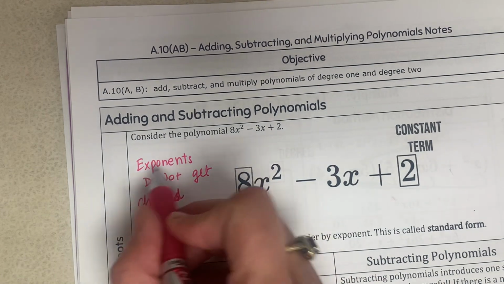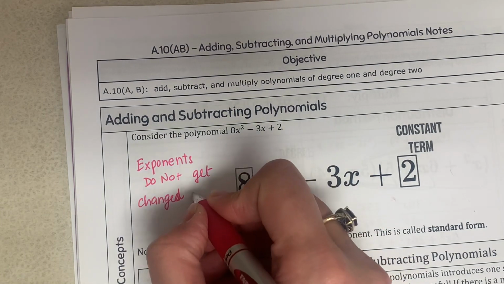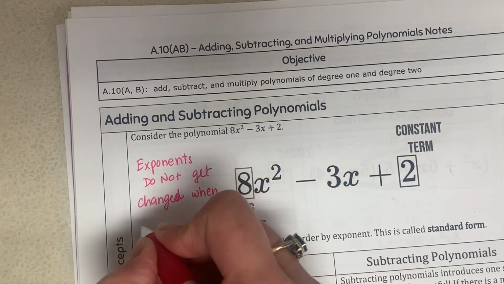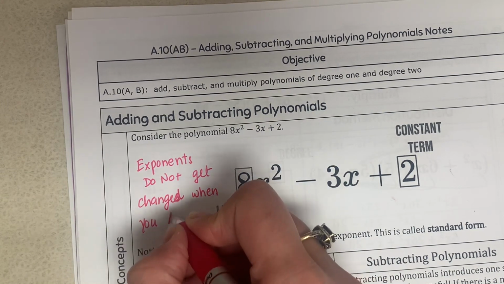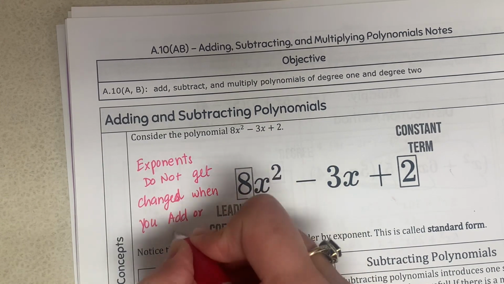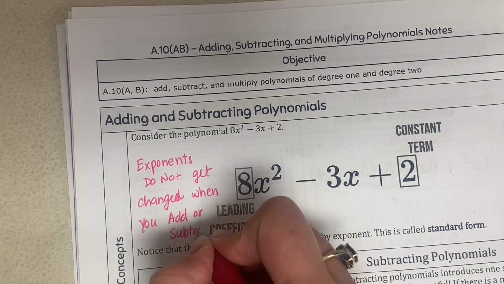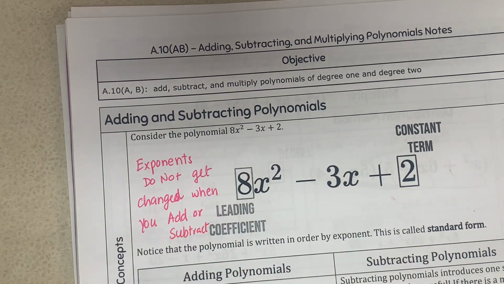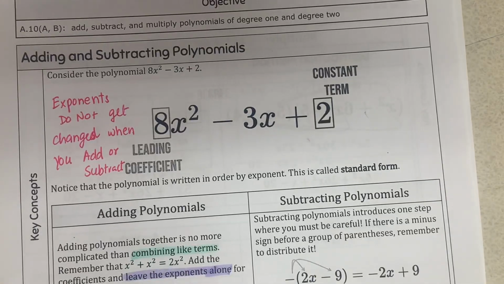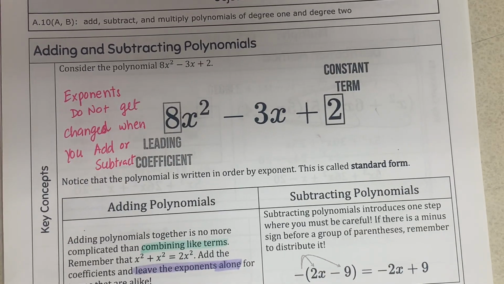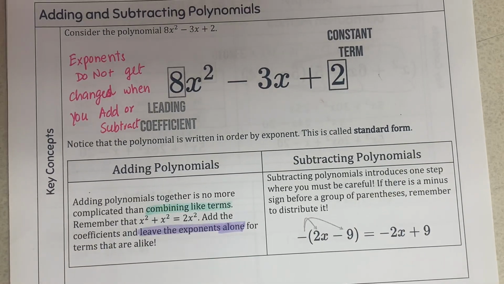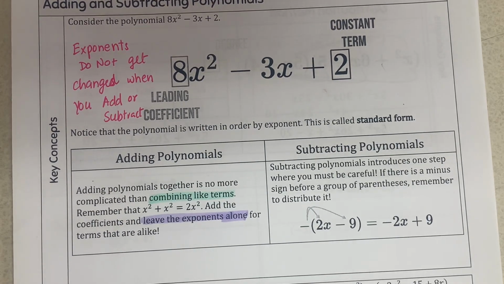No. So exponents do not get changed when you add or subtract. They only get changed when you multiply or divide. This is very easy, just like adding normal numbers. That's what we're gonna do.